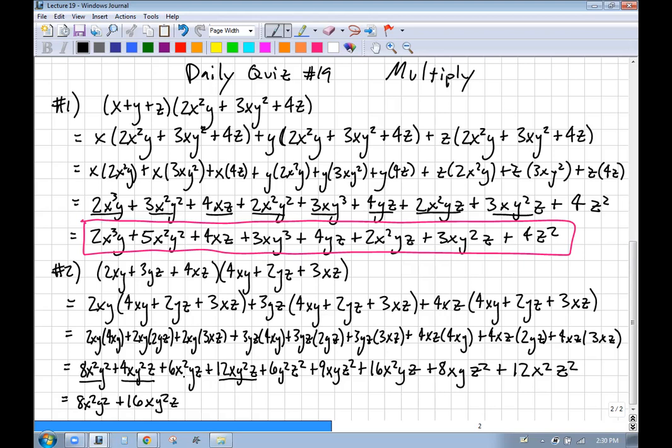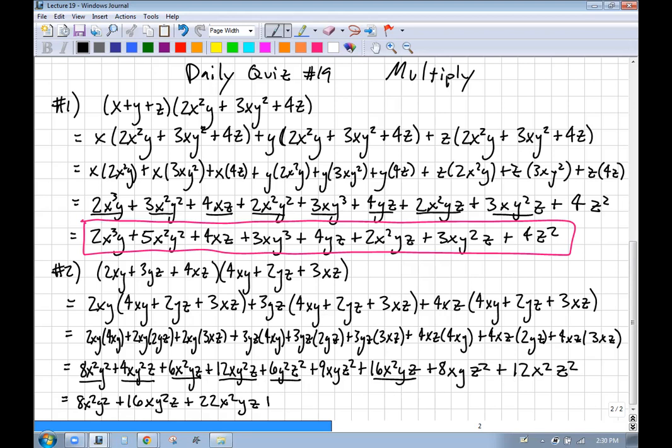Here we go, x squared, y, z. Any x squared, y, z's? Here's one. So we need 6 and 16 gives us 22 x squared, y, z's. Okay. Here we have y squared, z squareds.